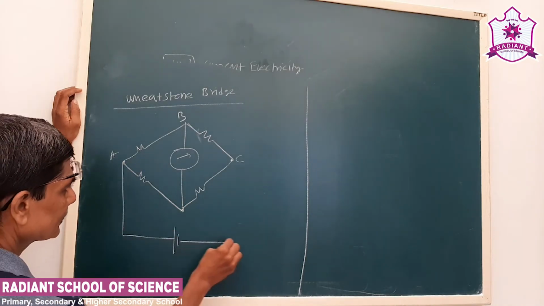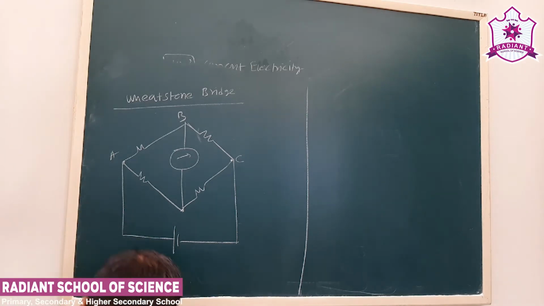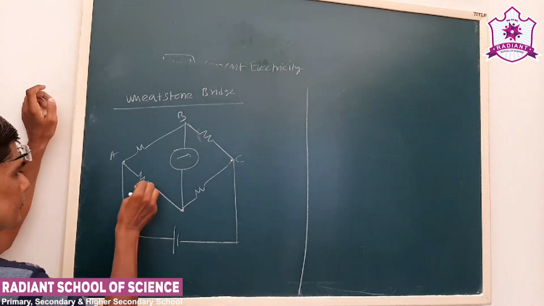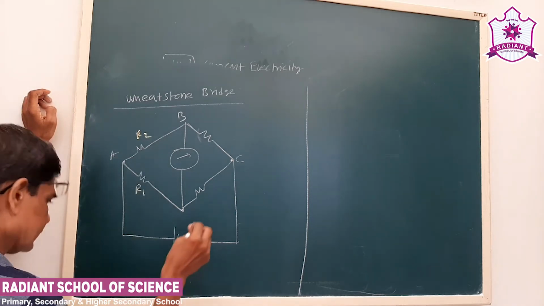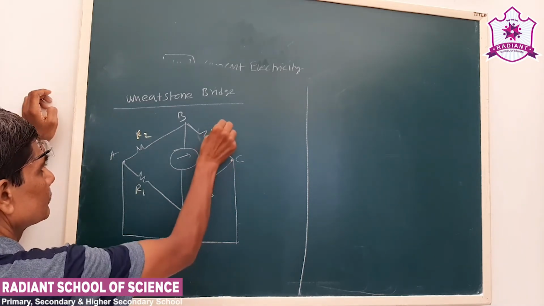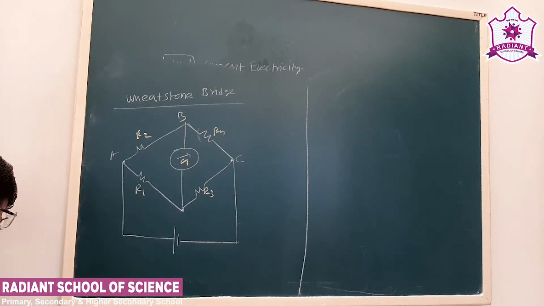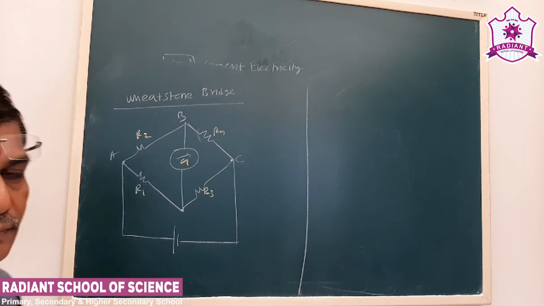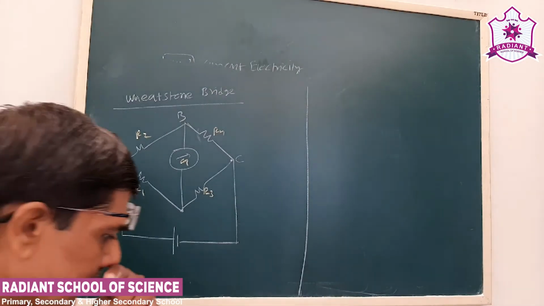See, the battery is connected between B and C. See, the resistors are, and G is the galvanometer. Later on we'll see its uses also. But first the condition.